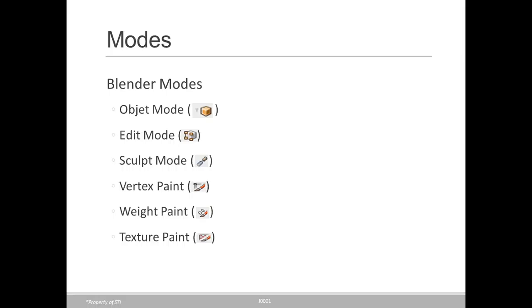Weight paint, a mesh only mode dedicated to vertex group paint. Texture paint, a mesh only mode that allows you to paint the mesh texture directly on the model in the 3D view.